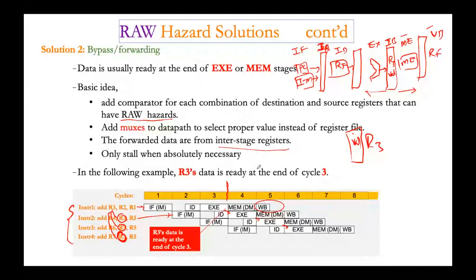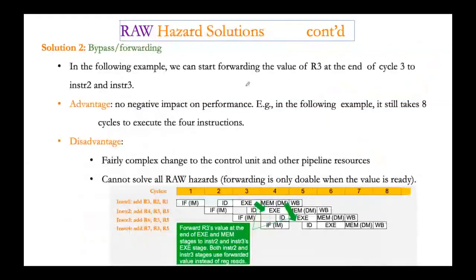But the difficulty is that it is going to have more hardware component parts. So this is another one, and the solution for this in bypassing is we can start forwarding the values of your R3 at the end of your cycle 3 to instruction 2 and instruction 3.